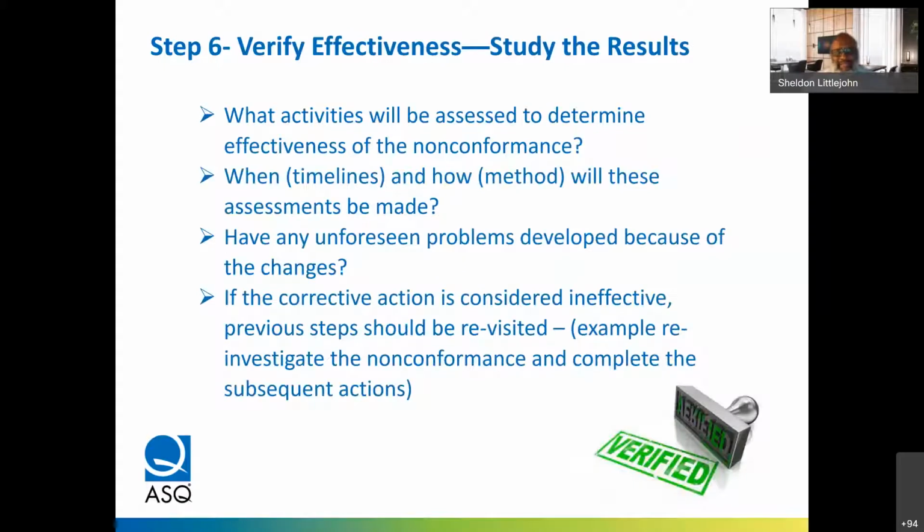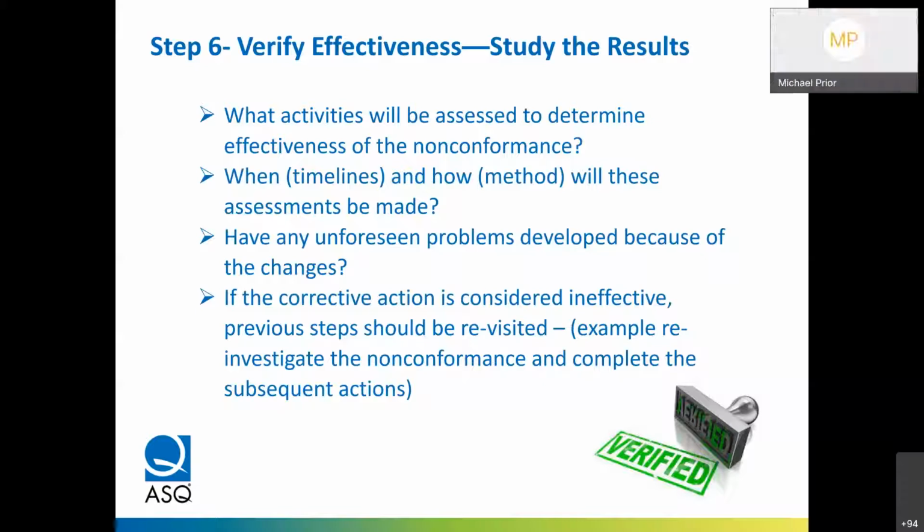The next step, which is very key to all of what we've said, is verifying the effectiveness. So having done all of this work, the question is, did it work? Did we achieve what we set out to achieve? Is our process no longer creating non-conformances?